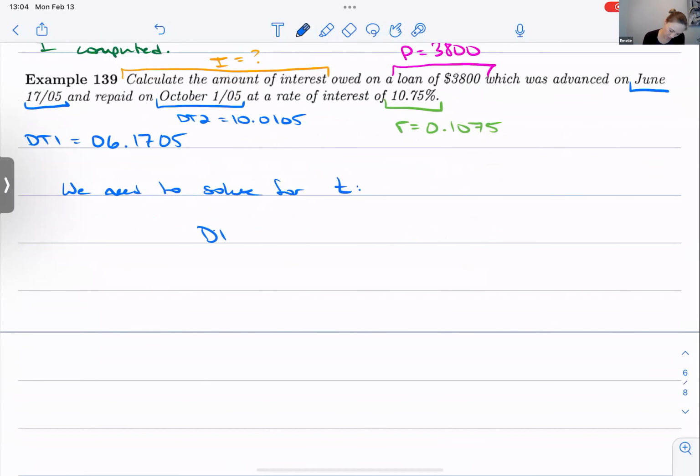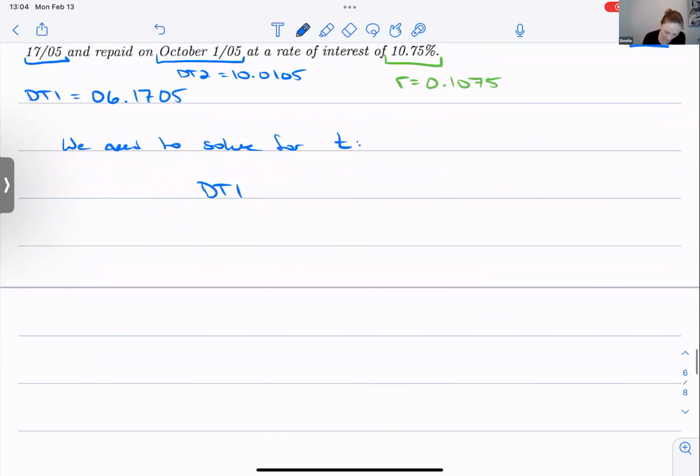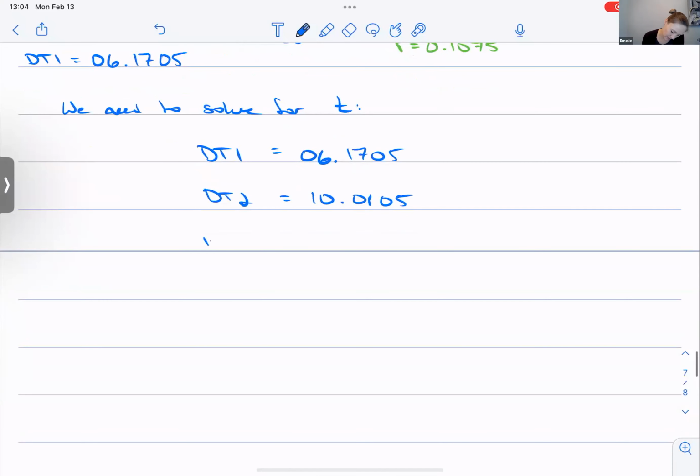In order to show how I'm going to do that, how I show it in my work is, date 1, I'm just going to jot it down again, is 06.1705. Date 2 is going to be 10.0105. And then days between dates.